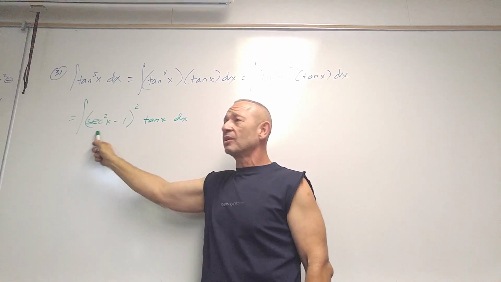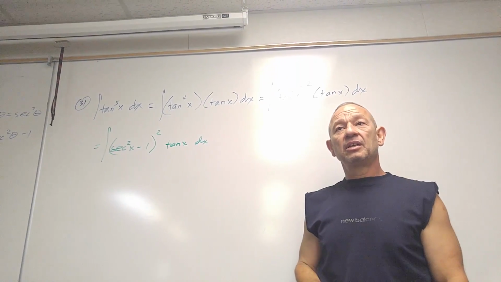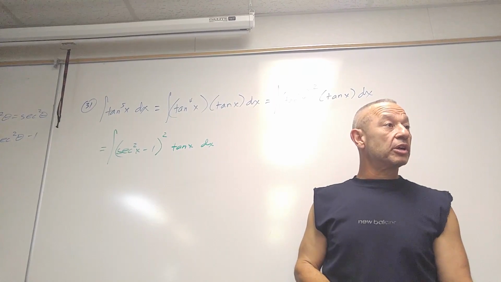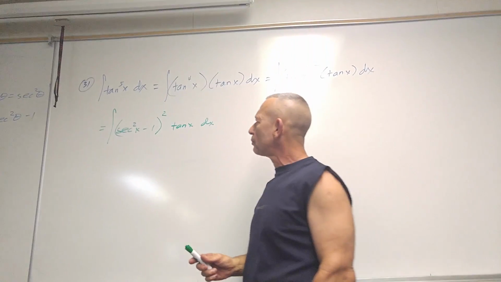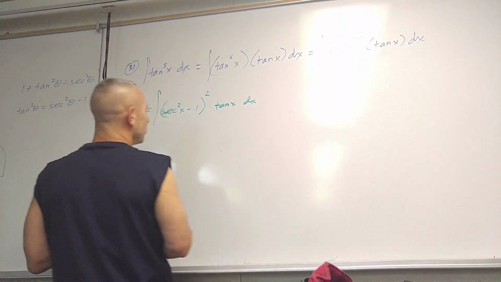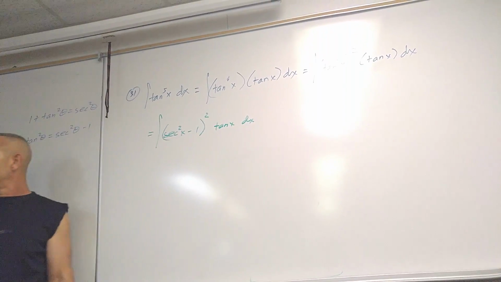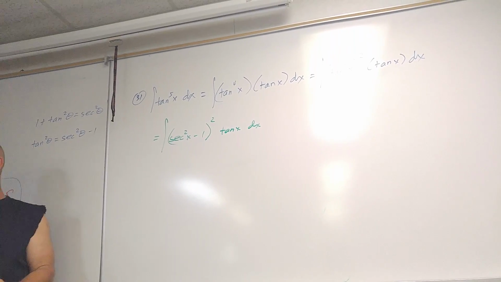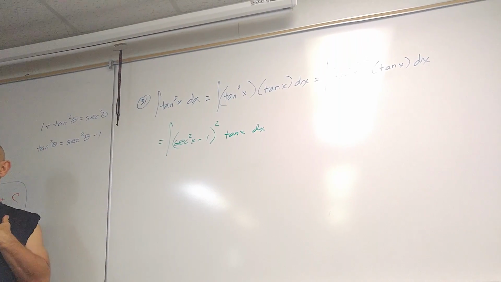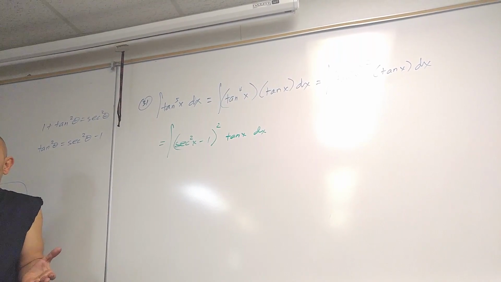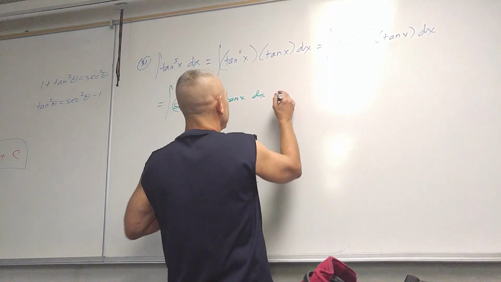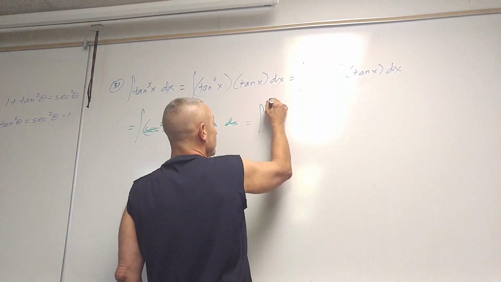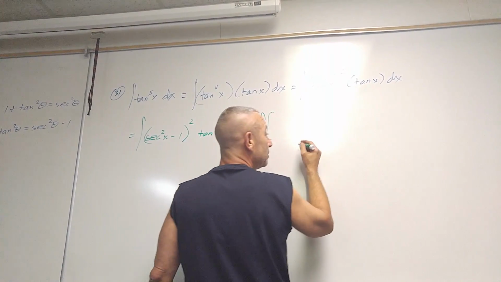I got secant squared all locked up in there, which kind of tells me maybe I should unlock the secant squared from those parentheses. Maybe that would help. That's why I had these two suggestions over here to expand. Not because you just knew that was the right thing to do, but what else can you do? What else is there? So I'm going to expand this out. I still don't know whether this is going to help or not, but maybe it will.